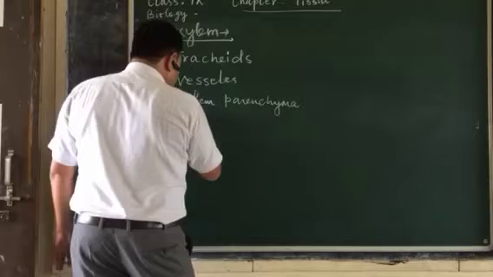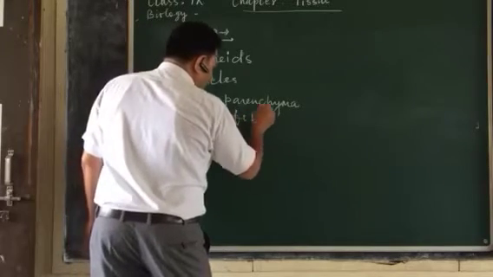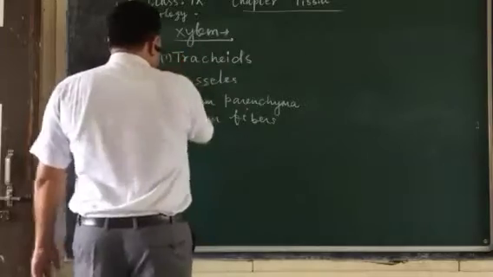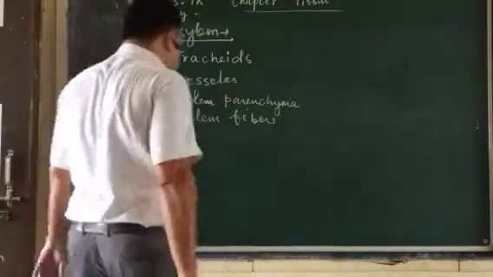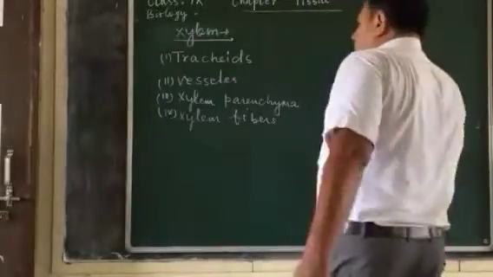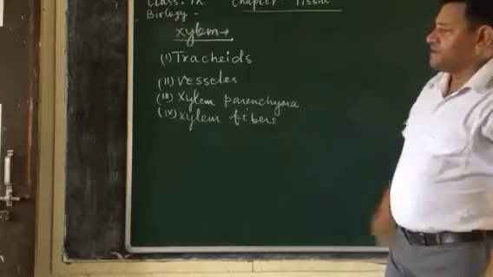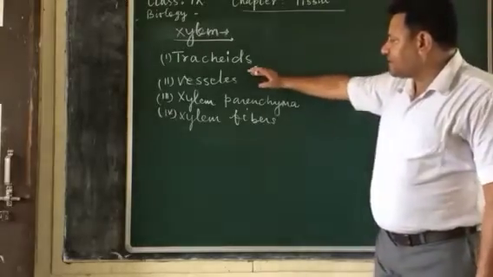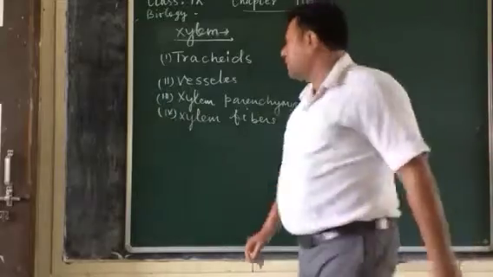Together with this, xylem fibers. So there are four different components present in this xylem: tracheids, vessels, xylem parenchyma, and xylem fiber.